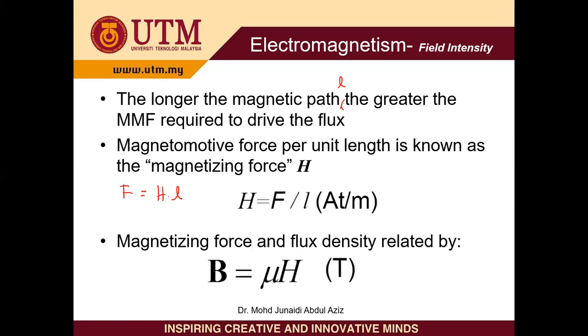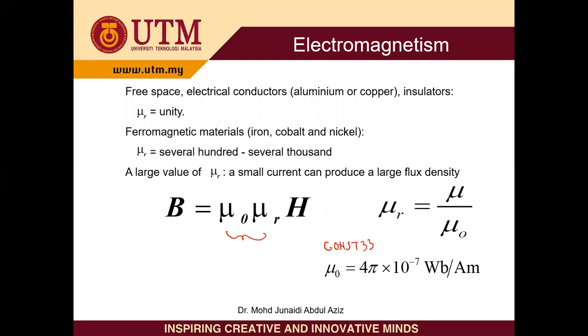The relationship between the magnetizing force and flux can be written like this: the flux density B is equal to mu of the material multiplied by H, and you know that mu is mu O multiplied by mu R. Mu O is the permeability of air space, and mu R is the relative permeability, which is mu over mu O, and this has no unit because it is just a ratio.